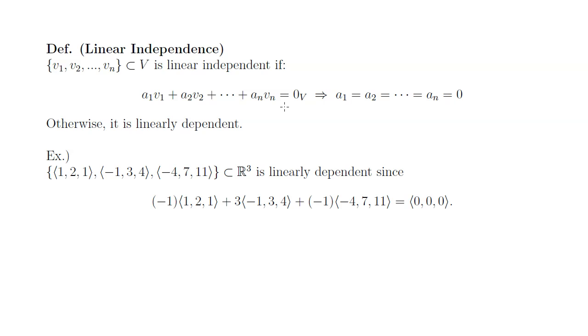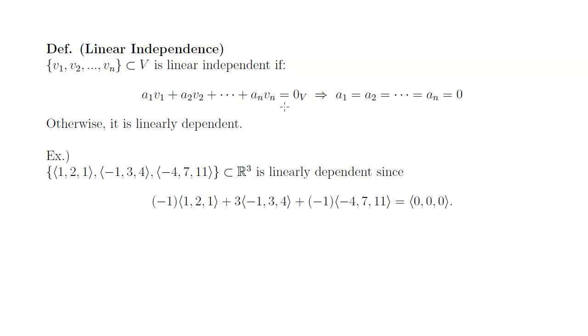All right. So the following is a simple example. Let's say you're talking about a familiar R3, and we have these three vectors: (1, 2, 1), (-1, 3, 4), and (-4, 7, 11).